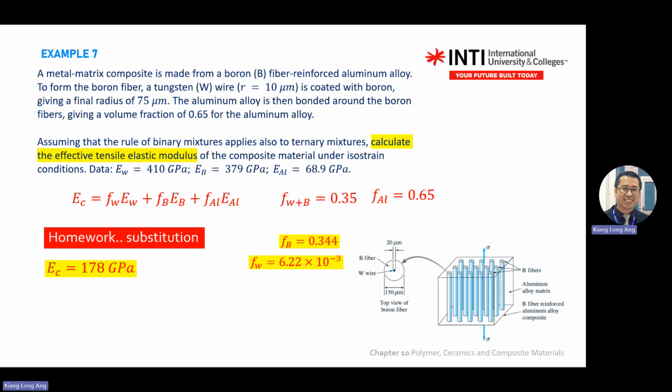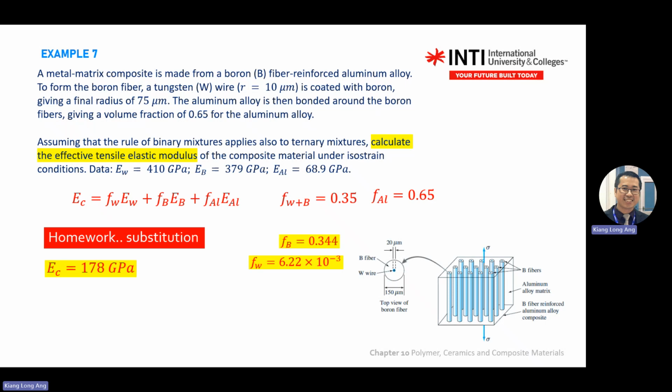If you want to use this one, your answer can be written like this: for example 7, EC equals EF1 VF1 plus EF2 VF2 plus EM VM.